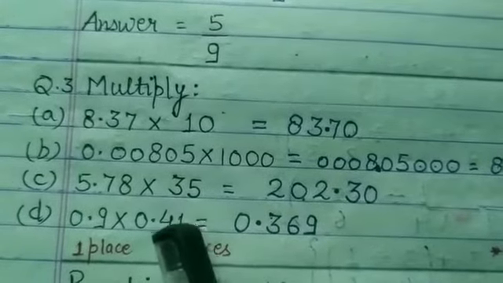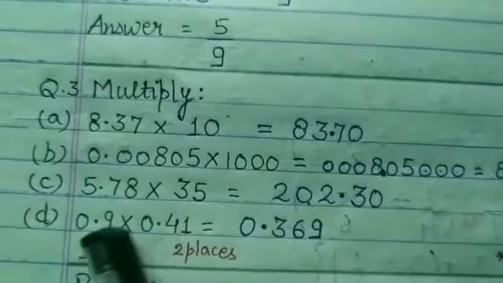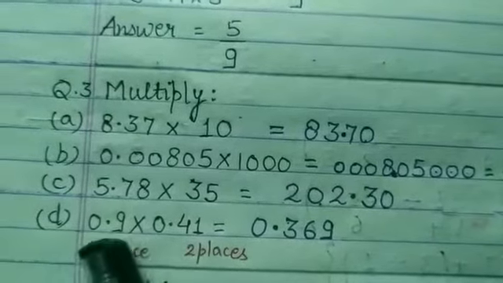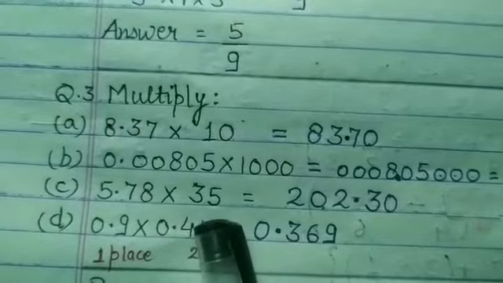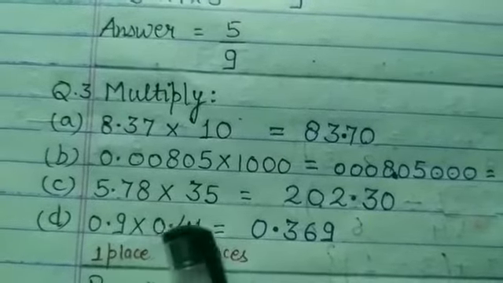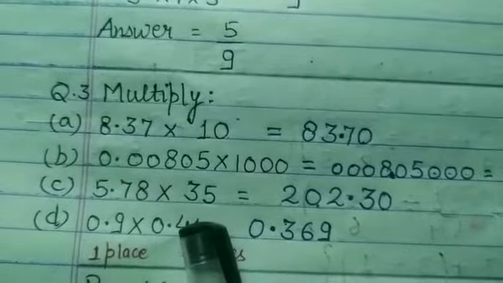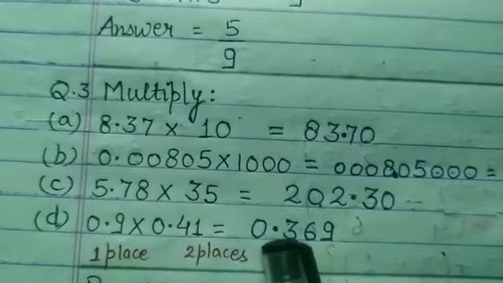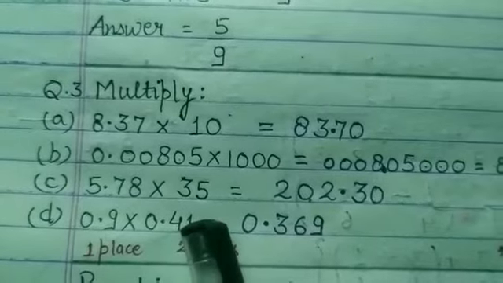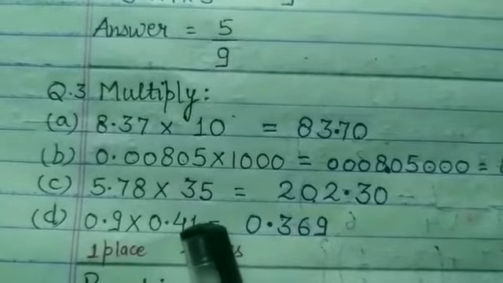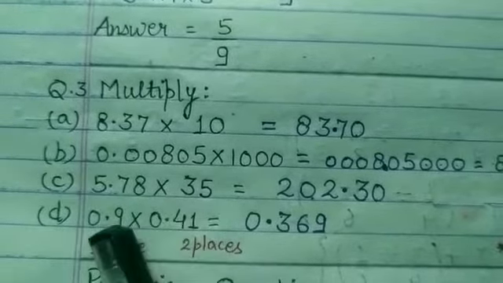Next, if both numbers have decimals, 0.9 multiplied by 0.41, so multiply 9 and 41, we get 369. Now the decimal in 0.41 is after two places, but here is also a decimal in 0.9.